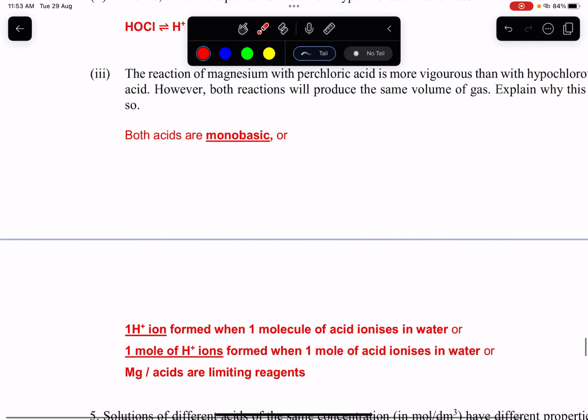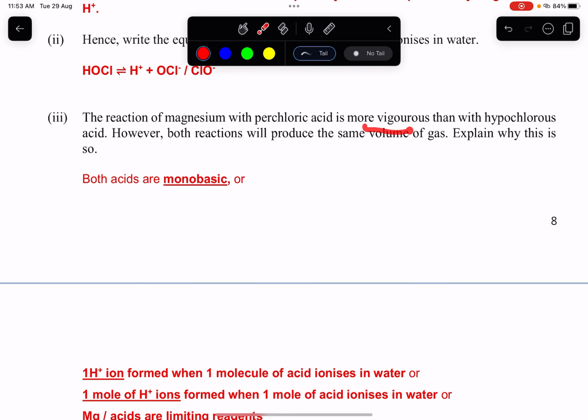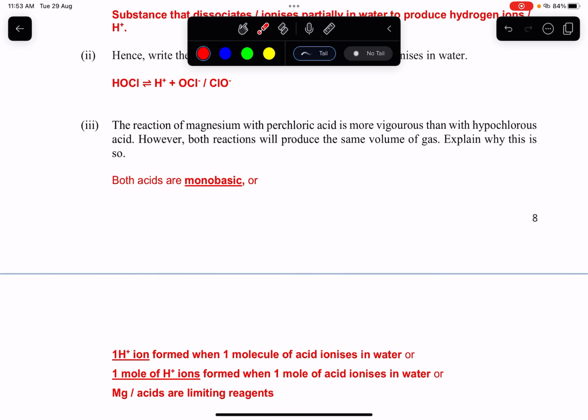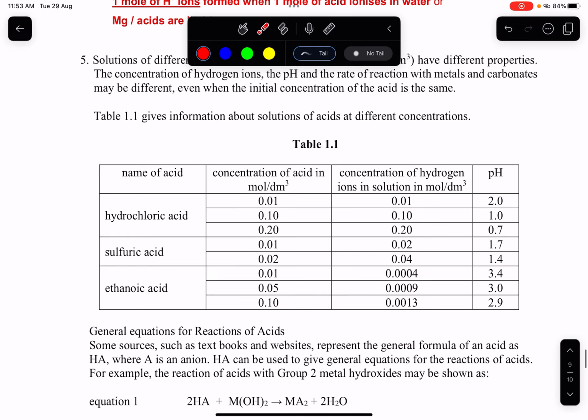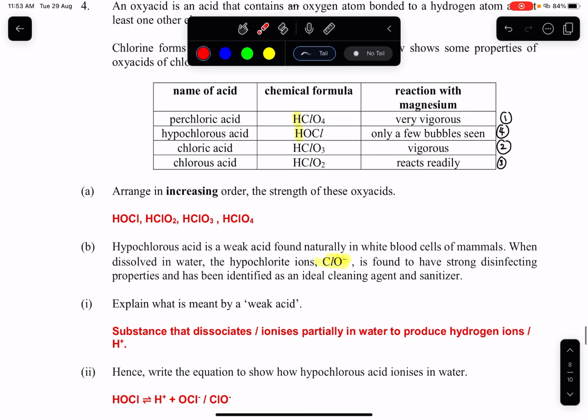If you are talking about the rate of effervescence, perchloric acid will definitely give you far more vigorous effervescence because of the rate of formation. The rate at which H plus ions are produced from the strong acid is much faster than that of the weak acid. So please get this concept right.